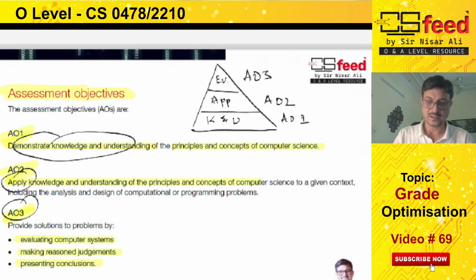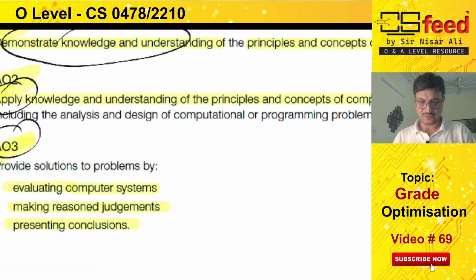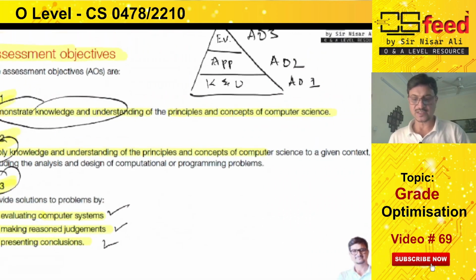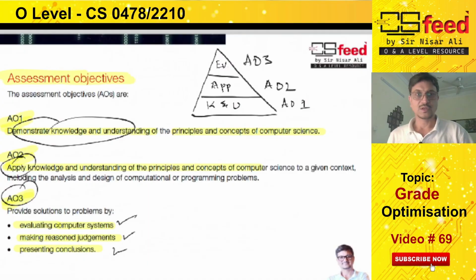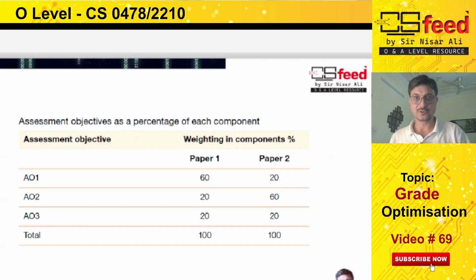So AO3 is to evaluate the computer system, make reasoned judgments, and present conclusions. You should consider these 3 assessment objectives before preparing for your papers, that there are 3 different levels that are going to be assessed in your paper.